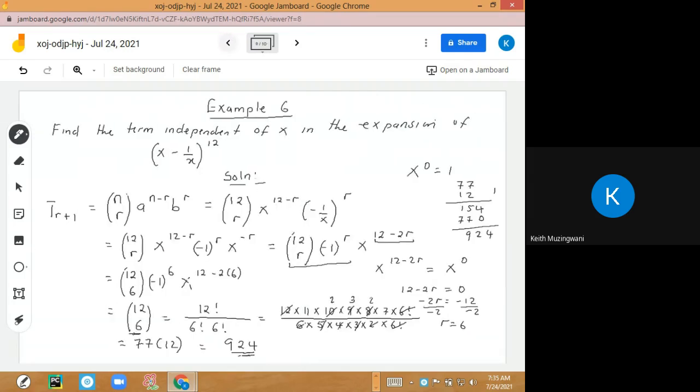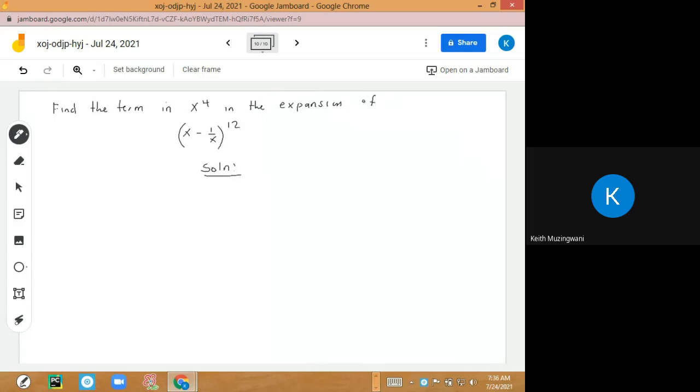So you do the same thing. You start the same way until you get here. When you get here, instead of equating this to x power 0, you equate x^(12 minus 2r) to x power 4, because they want it in x power 4.